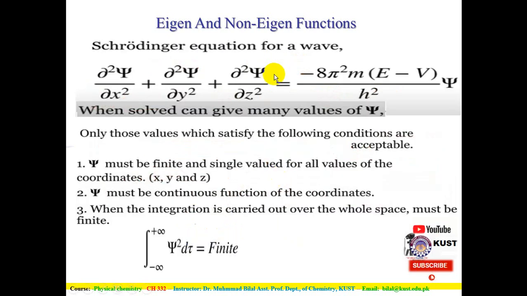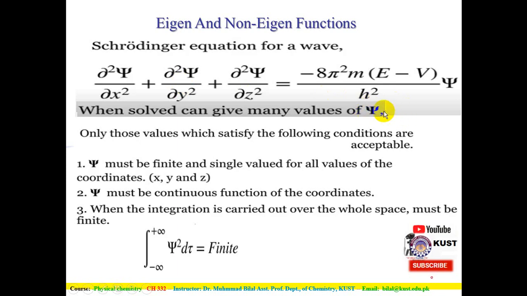In the Schrodinger wave equation for a three-dimensional box, we know that del square psi over del x square plus del square psi over del y square plus del square psi over del z square is equal to minus 8 pi square m over h square into E minus V psi. This equation has many solutions for psi.